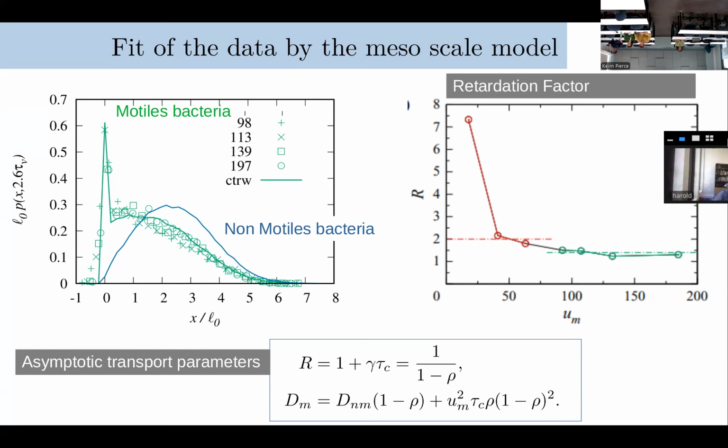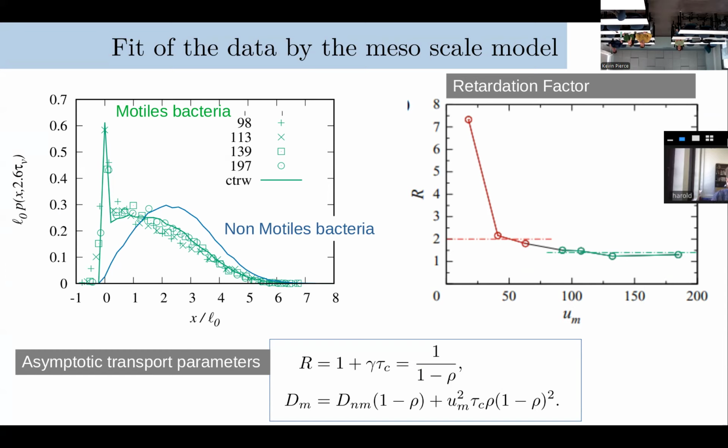So we call that active filtration, because the swimming activity of the bacteria is taken into account through two parameters, the absorption rate and the trapping rate. And here you can see the retardation factor as a function of the flow velocity.